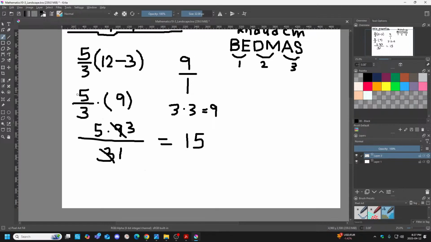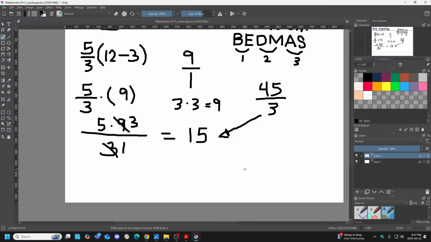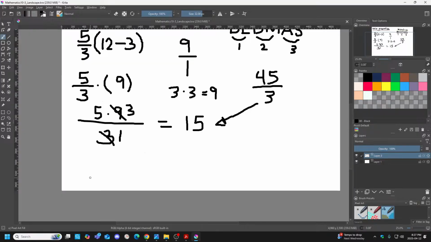You could do the long work if you want. 9 times 5 is 45. 45 divided by 3, still 15. Okay, guys? Isn't that a lot easier visually to see? It's a little bit messy kind of doing that. You could do an extra step if you want, so that you don't get confused.